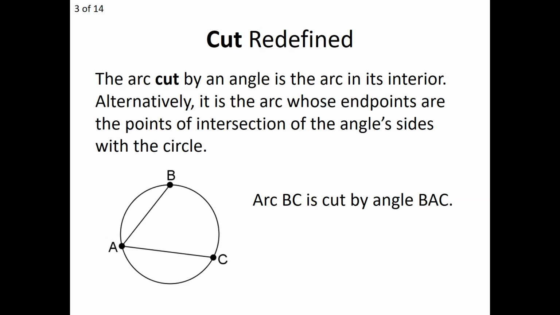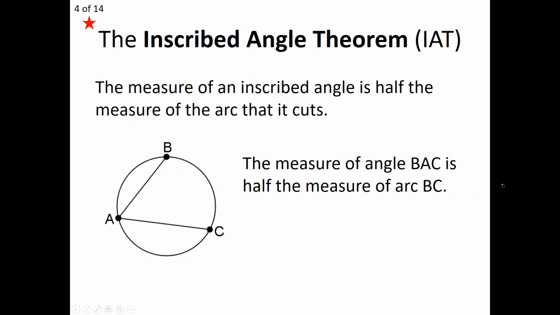Think about extending the rays produced from this angle, the ray from A to B and the ray from A to C. Notice that they are cutting this arc on the interior of the mouth of that angle, which is how we're going to redefine the word cut as we move away from specifically the central angle and introduce any sort of angle, such as the inscribed angle. So in the diagram below, we would say that arc BC is cut by the angle BAC.